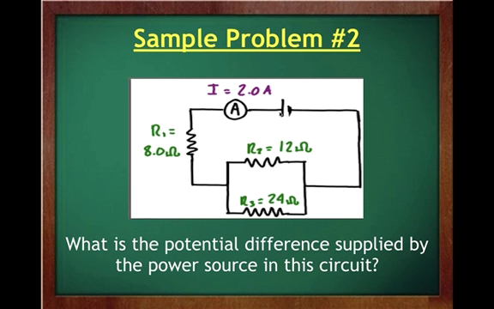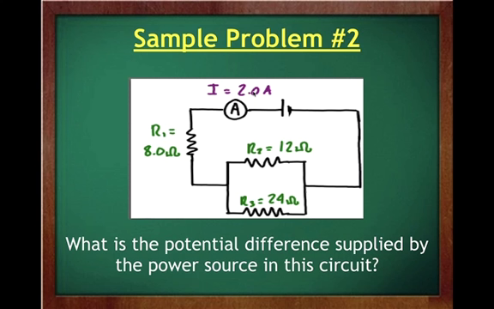So again, here's our battery. We're passing through an ammeter, so we know the current passing through this point is 2 amps. We would then pass through the first resistor and then pass through here, and then our current would split, some of it going here, some of it going here. More of it will go here, because there's less resistance. And then it would pass through and come and complete the cycle.